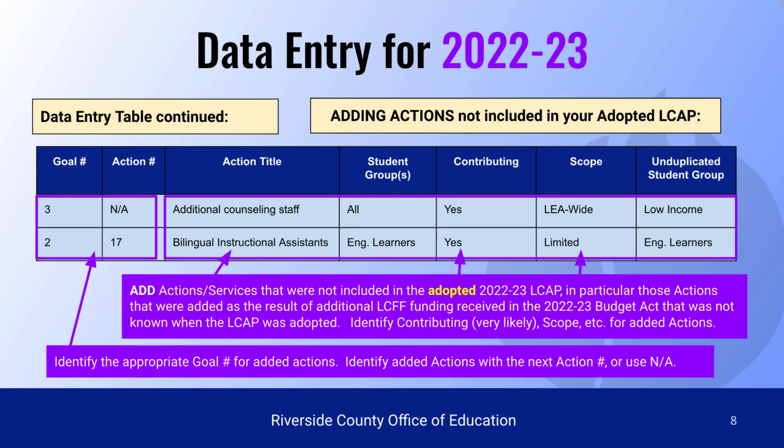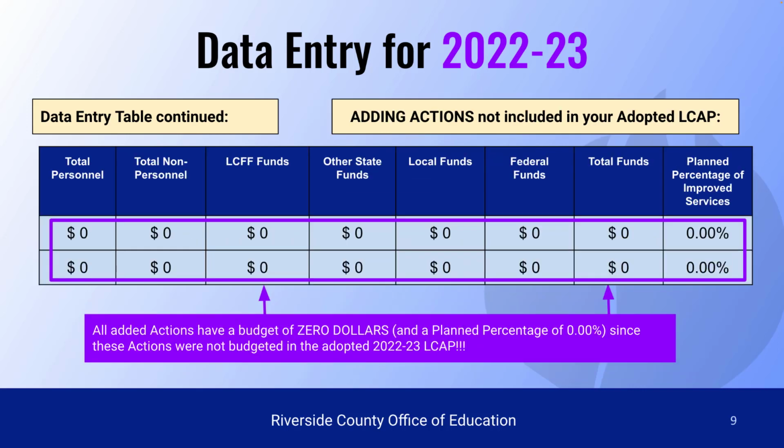If you have additional actions, you may add them at the end of the data entry table, and make sure you identify an appropriate goal and either write NA for an action number, or you may add an appropriate action number to these new items. All added actions have a budget of $0 and a planned percentage of 0%, since these actions were not budgeted in the adopted 22-23 LCAP.